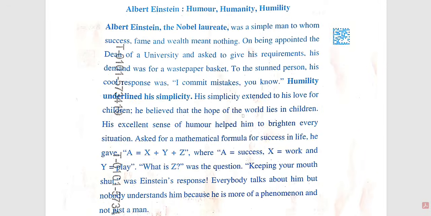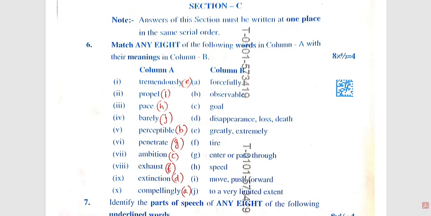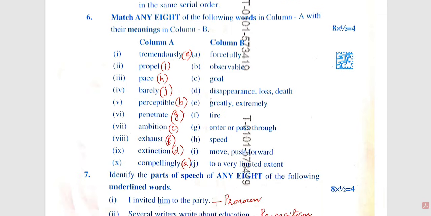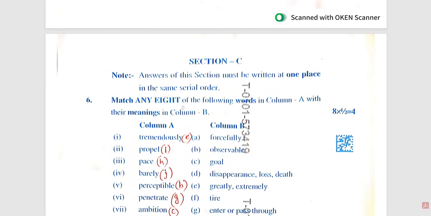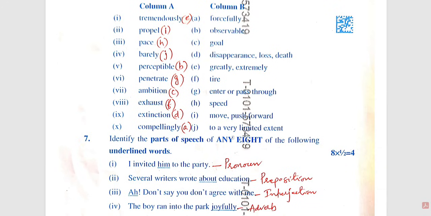When it comes to section C, as the following, we need to attempt 8 and we'll be getting 4 marks. Like this we have 12 sections in the grammar part. Section C, I'm talking about. And the 7th one, parts of speech, 4 marks.